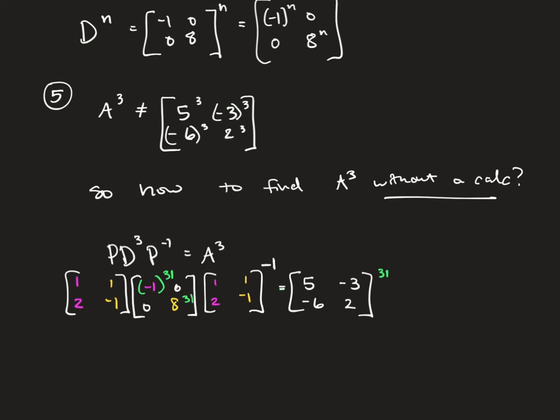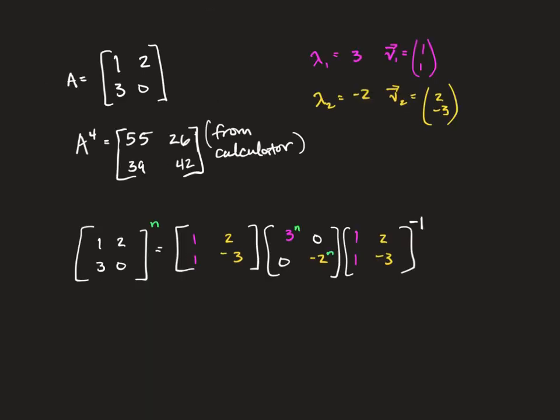So the idea is that if you're raising to some ridiculously high power and you don't have a calculator, or you've got some variables in here, eigenvectors and eigenvalues can get you there faster. Your book goes on and gives you an example on page 417. This is example 13. We've got A, and we want A to the 4th. I got this from a calculator.